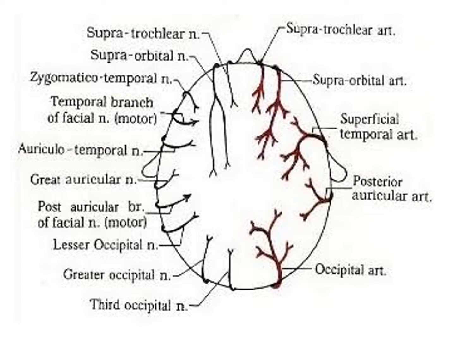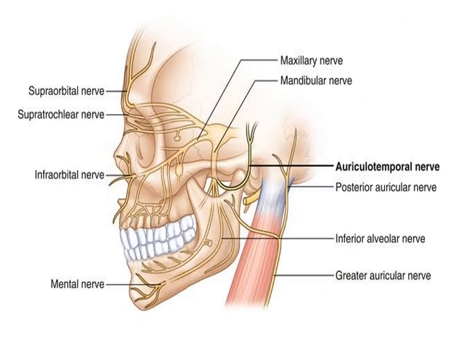Having discussed the supratrochlear, supraorbital, zygomaticotemporal and temporal branch of the facial nerve, we now move on to the last nerve in front of the ear, which is the auriculotemporal nerve. This auriculotemporal nerve, which you're seeing here, is a branch of the mandibular division of the trigeminal nerve.